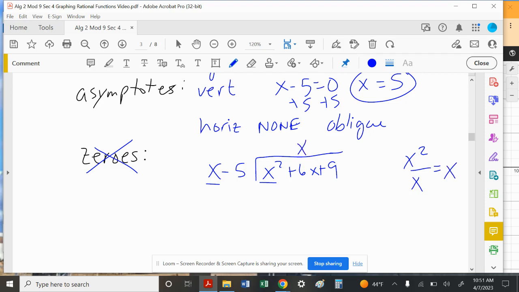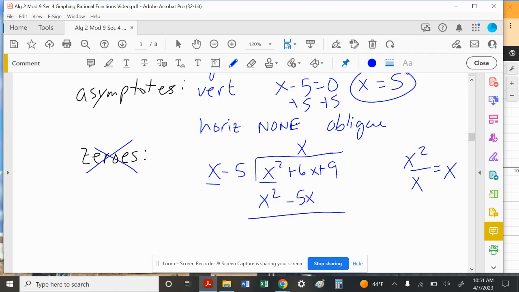Long division tells me that I multiply, and I've gone through this method before, so this should just be a refresher. It doesn't mean that you have it memorized. So x times x is x squared, and x times negative 5 is negative 5x.